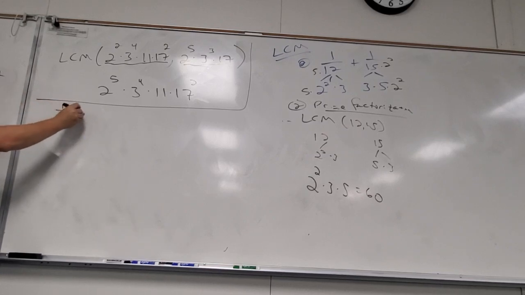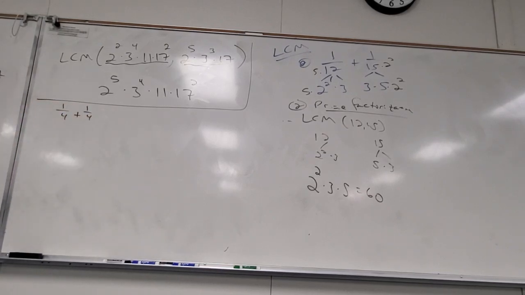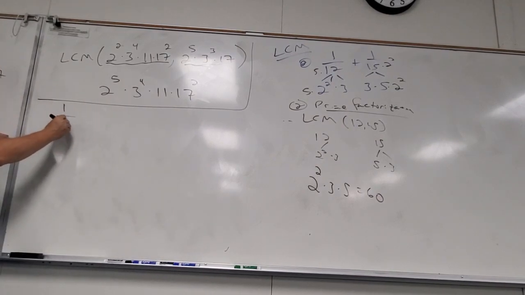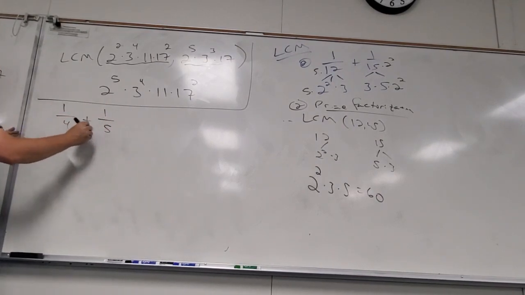Besides already having an LCD, and I know I'm talking about fractions a lot, the next best situation to be in is this. Why is this a really good situation to be in when I'm asking about LCD?